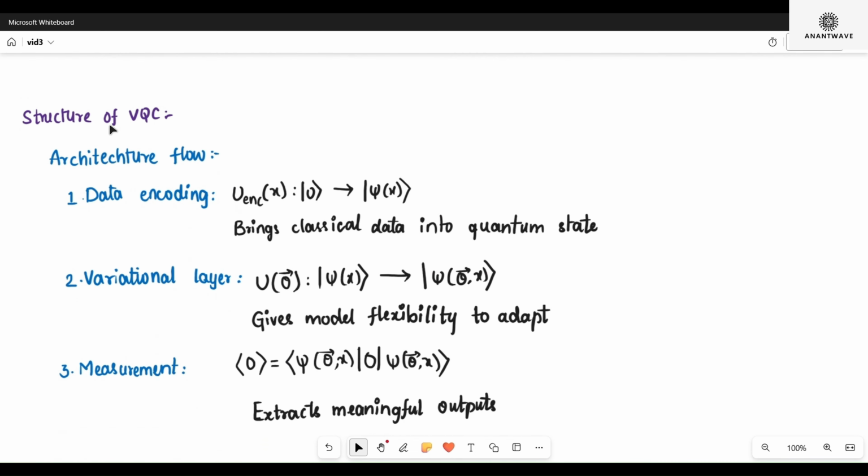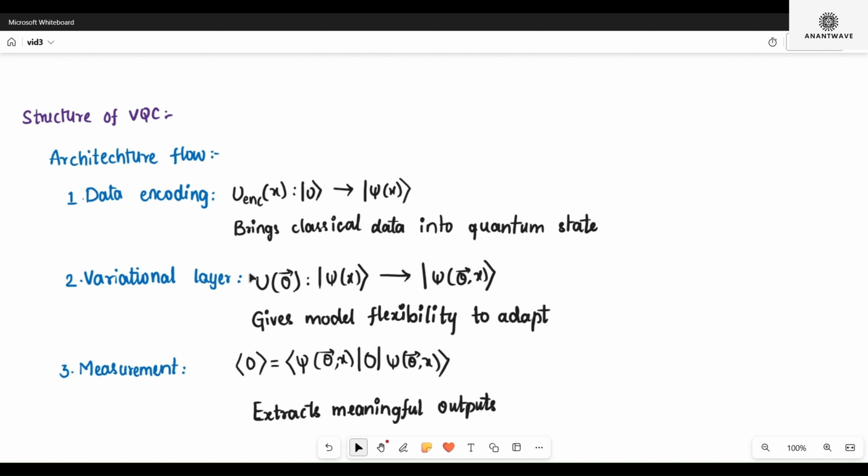Now let's study the structure of VQC. We'll see the architecture flow. Firstly, we have data encoding. Here, the classical data is encoded into a quantum state. This brings classical data into the quantum state. Then we have a variational layer applied on the quantum state.